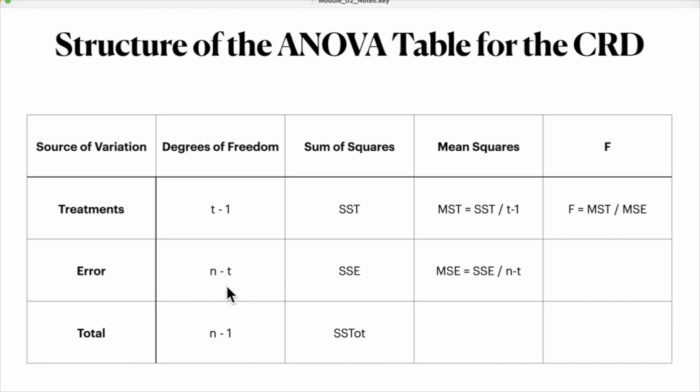What's going to change is that the number of degrees of freedom for error is going to diminish, because we're going to be partitioning variability in the treatment structure, and in the design structure, partitioning it out. And so the number of degrees of freedom for error will decrease.